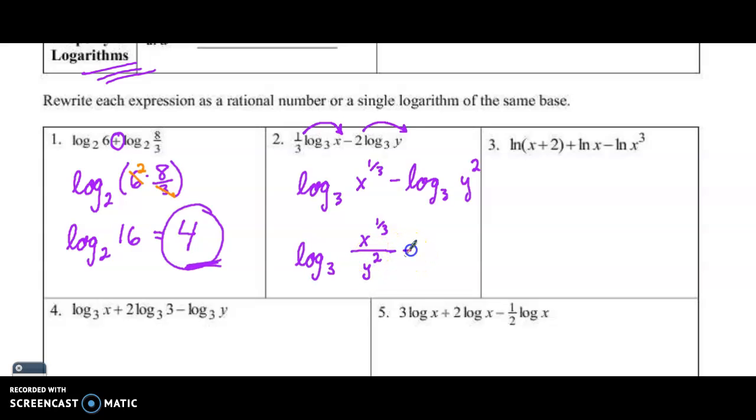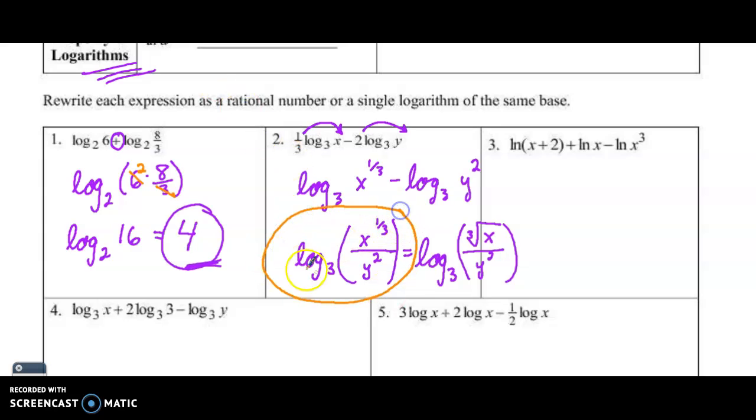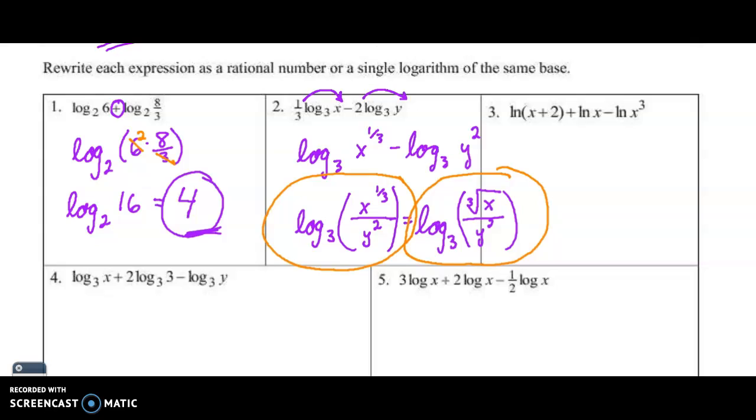And just one more thing, I would really appreciate it if you got rid of the rational exponent and rewrote this as the cube root of x over y squared. But depending on the directions, or if it's multiple choice, you might get an answer, and that would be acceptable, or this would be acceptable. But I want you to practice both ways right now.